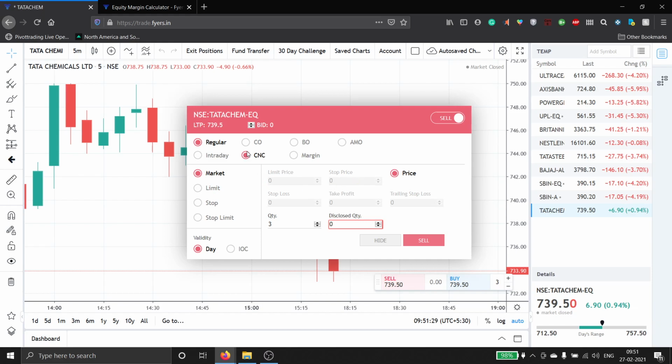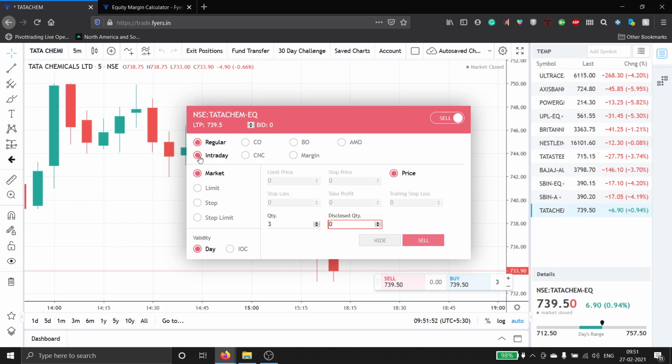In cash and carry you can't go short. I mean, you can't sell without having a holding. That means without having any stock, you can't sell it. So remember this. In intraday you can sell even if you don't have the stocks, because anyway at the end of the day it will get squared off.